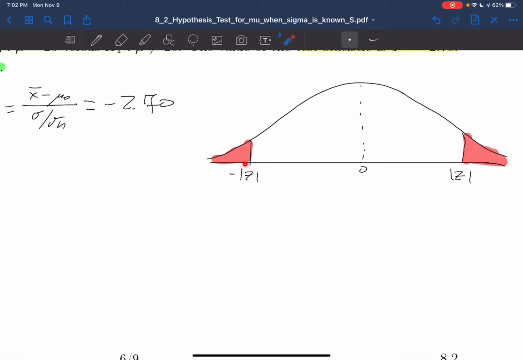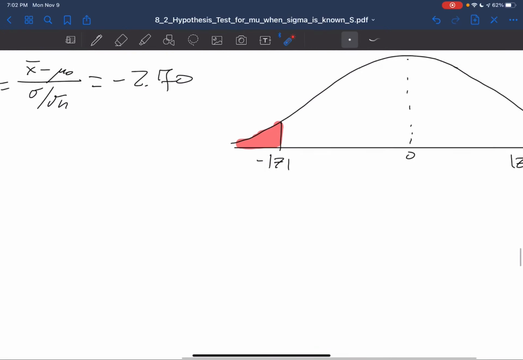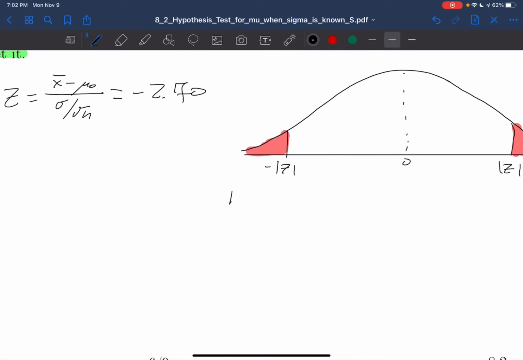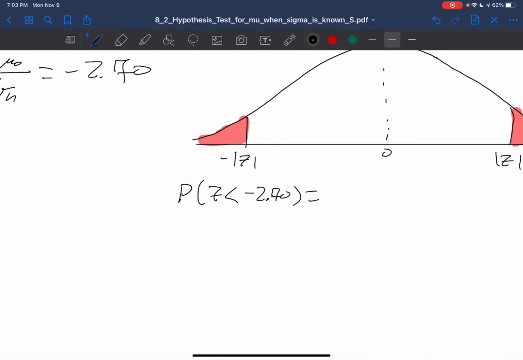So if you find the area to the left of this z value, it's going to be the same as the area to the right of this positive z value. And all we have to do is take the sum of these two values to get the p-value. So we want to find the probability of z is less than negative 2.70. We want to find this area first because it's a lot easier. And then we could just look at our table, and it's going to be equal to 0.035.